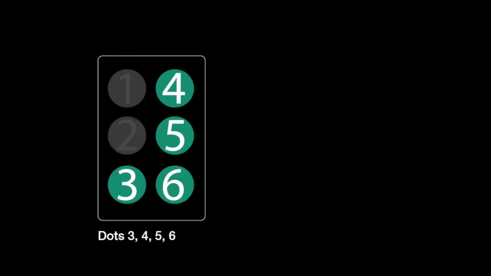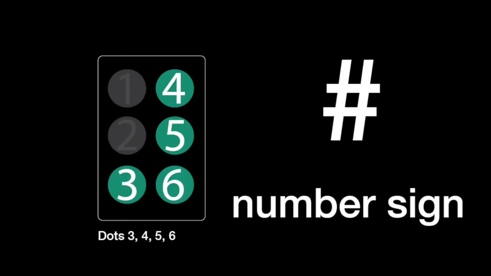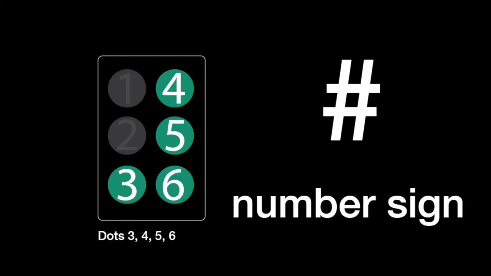Dots 3, 4, 5, and 6 plus dots 1 and 2. 2 is a number sign, dots 3, 4, 5, and 6 plus B, dots 1 and 2. Dots 3, 4, 5, and 6 plus dots 1 and 5. 5 is a number sign, dots 3, 4, 5, and 6 plus E, dots 1 and 5.